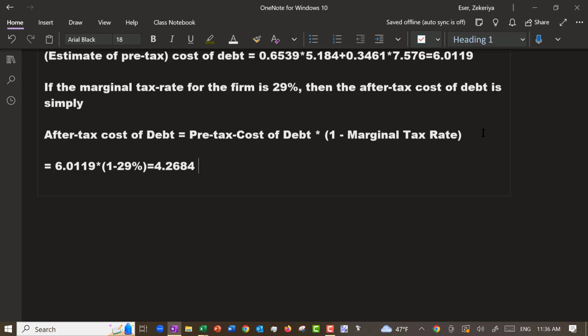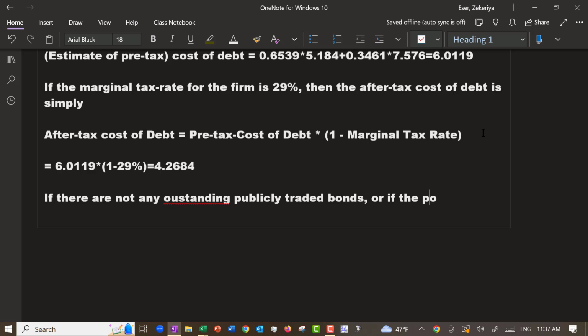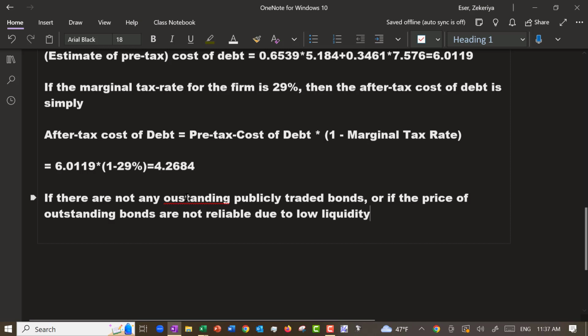If there are not any outstanding bonds, or if the price of outstanding bonds is not reliable due to low liquidity, we need to take an alternative approach.